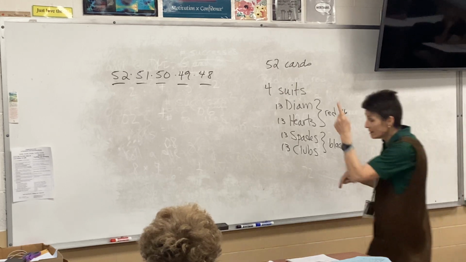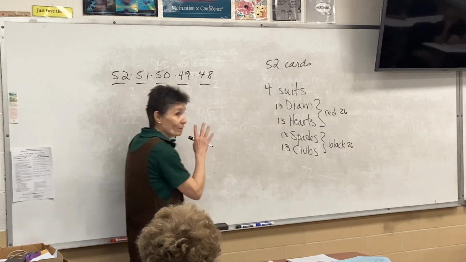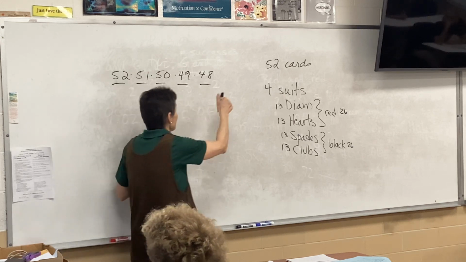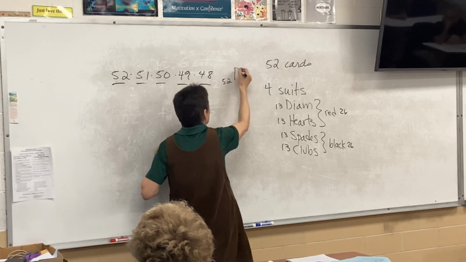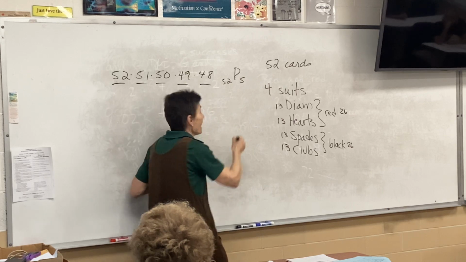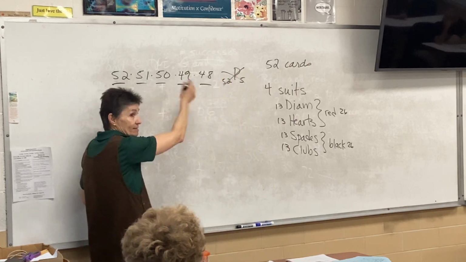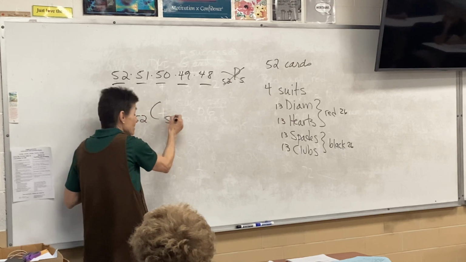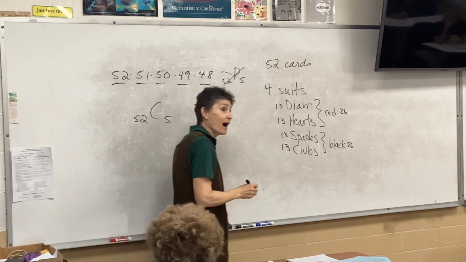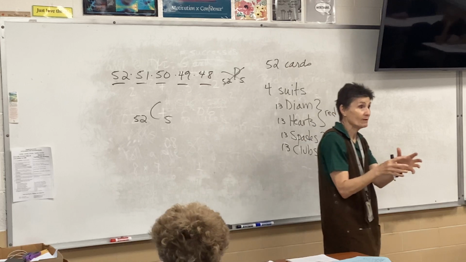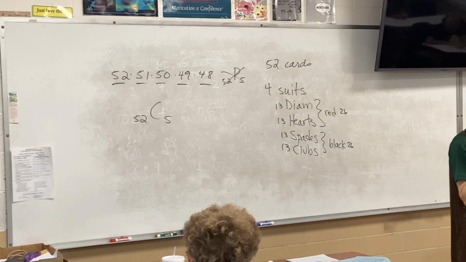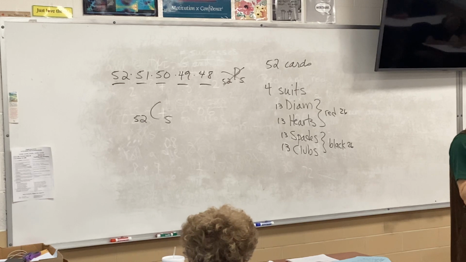So, Brennan, this puts order into the problem, and I don't want that. This would be 52 P5, and that's wrong. I want 52 C5, because I'm going to pick 5 out of the pile of 52, and I don't care what order they're in. Okay, so go ahead and type that in. That is a big number.